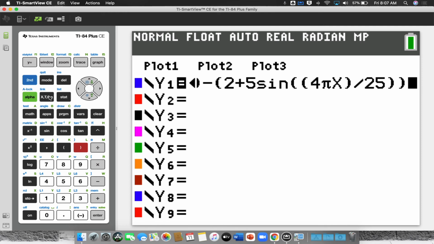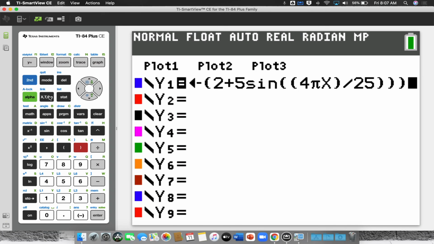Always close. If you open a parentheses, make sure you close it. I had one at the beginning, I have one at the end, then I have one around my sine. Oh, actually, I need another parentheses. So I had one around the whole function, one around my sine, and one around this guy.